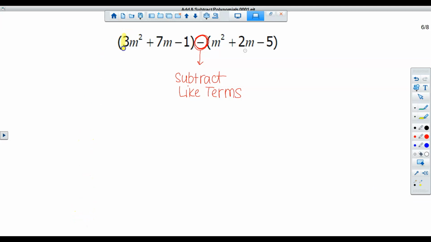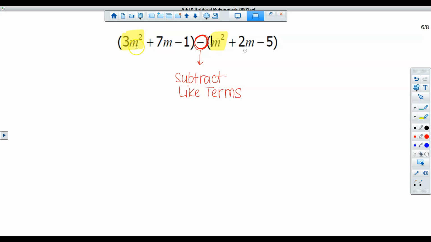All right, so we'll start out with term number 1, 3m squared. So I need something over here that ends with m squared, which is right here. You'll notice there is no number in front of that, but I am used now to the fact that that's got to be a 1. So notice this time I'm going to subtract to combine these like terms.